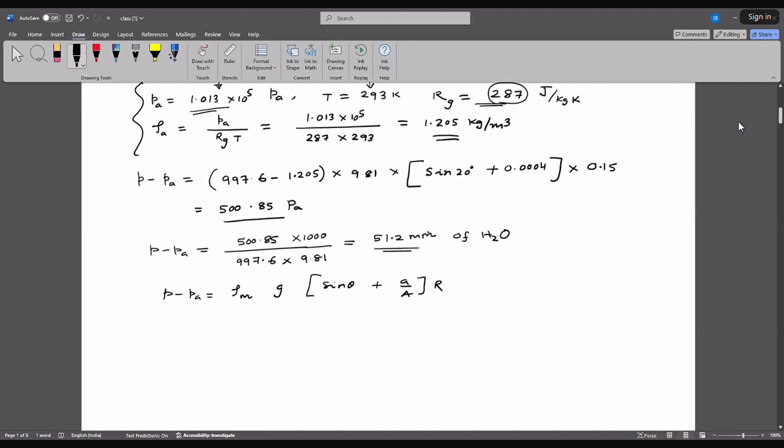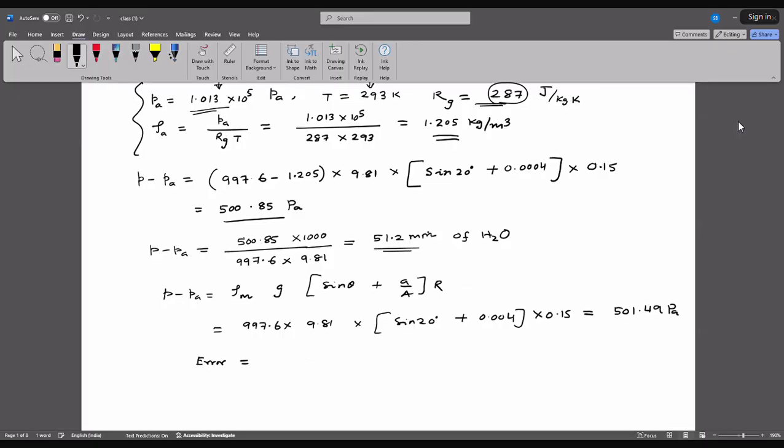So if you calculate, rho m is 997.6 into 9.81 into (sine 20 degree plus 0.004). If you calculate, you are going to get this as 501.49 Pascal.